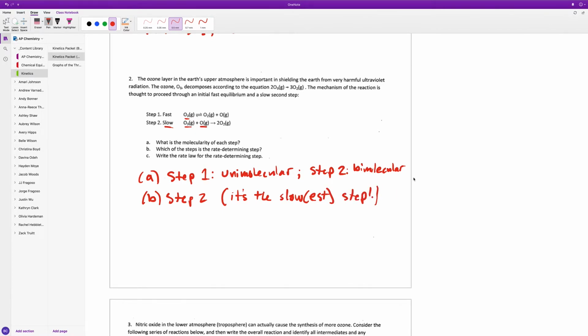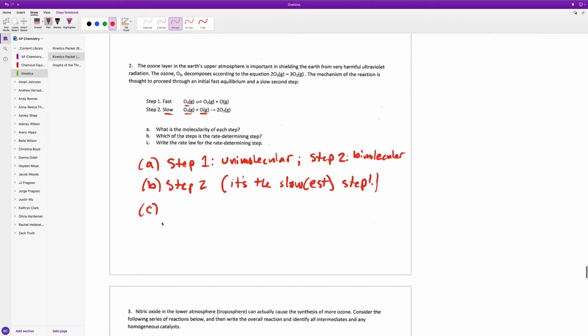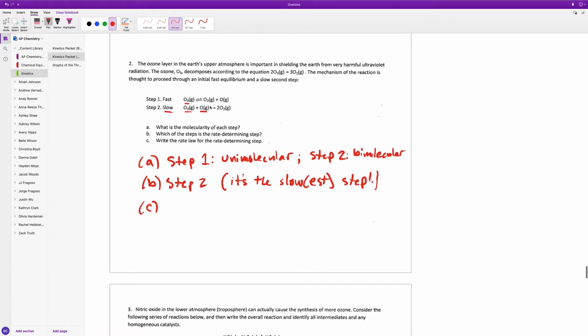Okay. Write the rate law for the rate determining step. Okay. Well, these are all elementary reactions, elementary steps. And so the rate law can be determined from the molecularity directly.